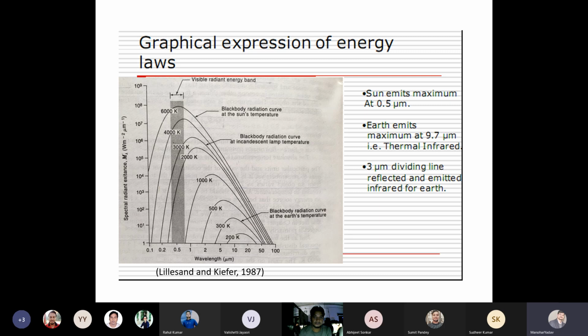And the third one is obviously this 3 micrometer dividing line for the reflected and emitted infrared from the Earth. So at less than 3 micrometer, the energy coming out from any area element is constituted only by the reflected energy component, if we are sensing energy in a spectral band less than 3 micrometer. Is it clear?